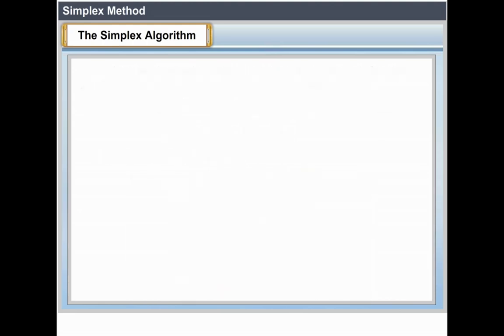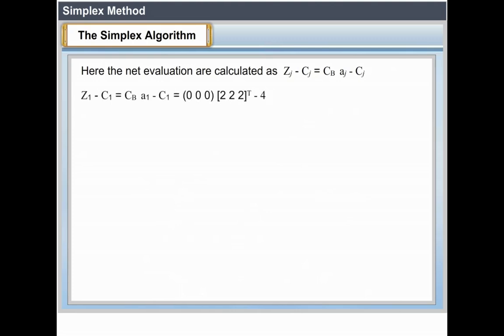Here, the net evaluations are calculated as Zj minus Cj = CB into Aj minus Cj. Z1 minus C1 = CB into A1 minus C1 = (0, 0, 0) into (2, 2, 2) transpose minus 4. Here (0, 0, 0) are the values of CB, and (2, 2, 2) are the values of the X1 column. You multiply these two and then subtract 4.